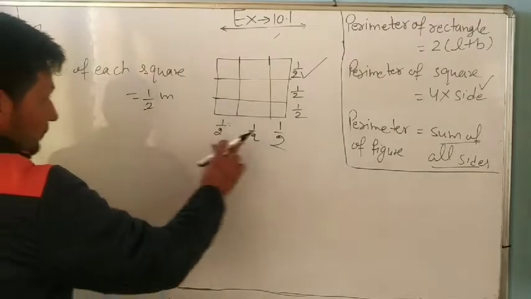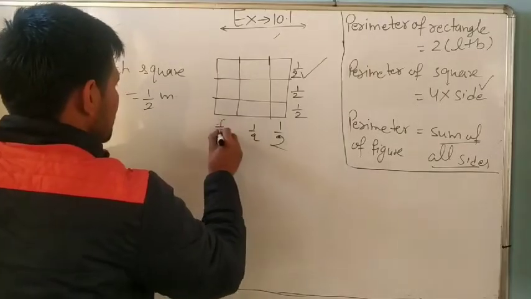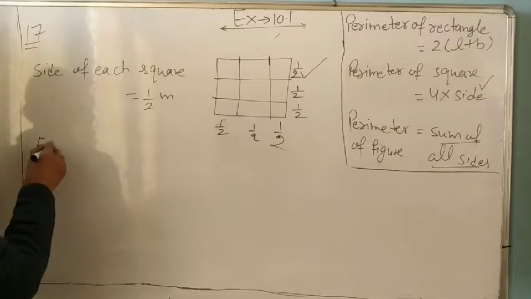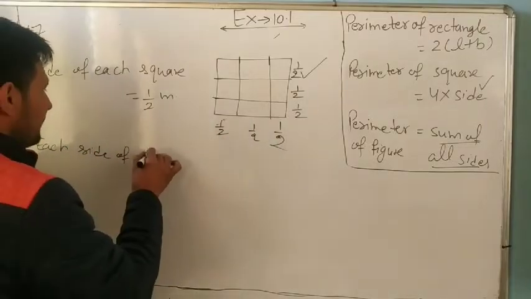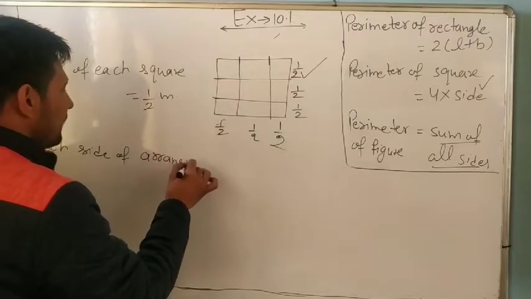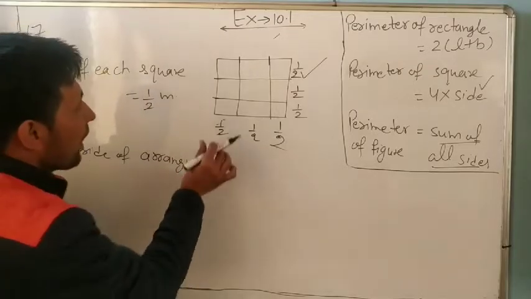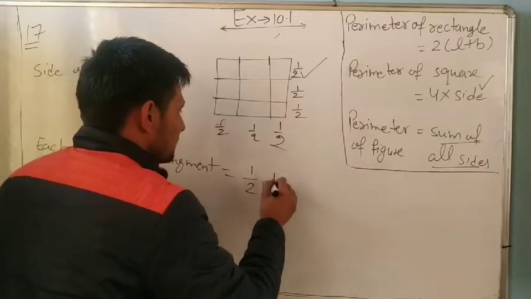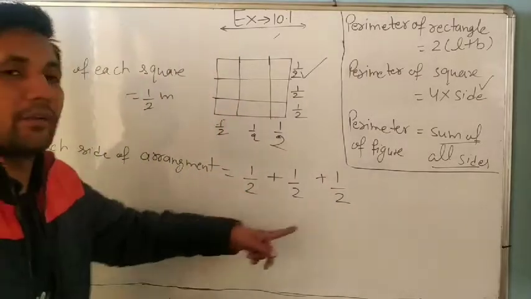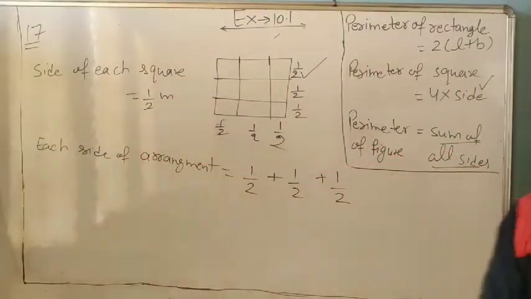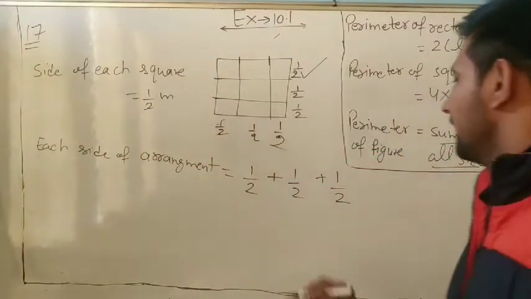So first we will find each side of the arrangement. How much is each side? Half plus half plus half. And fractions, how can we add them? Everyone knows, by taking the LCM.